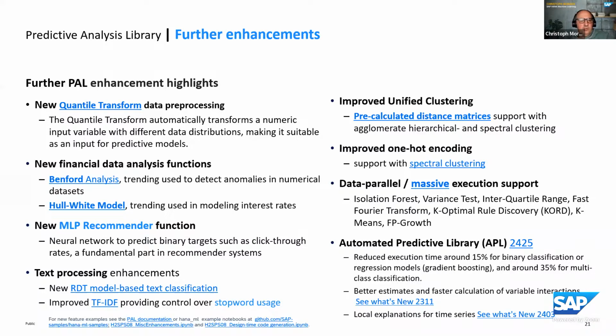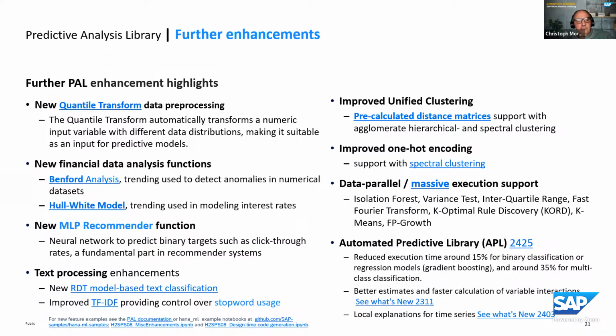In the recommender functions, the new internal multi-layer perceptron neural network architecture has also been applied to that recommender function, which provides also value with respect to faster fitting of respective models, more robust predictions, and faster predictions as well with this new function for recommendation scenarios.